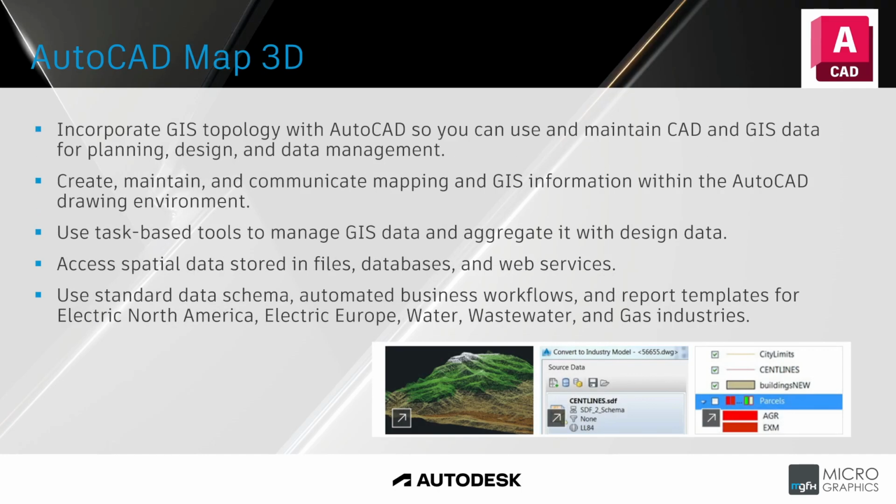AutoCAD Map 3D. You can do GIS creation. You can take your surveys and bring them through AutoCAD Map 3D. You're working with maps and north arrows, and it will automate a lot of the processes you have with creating this.